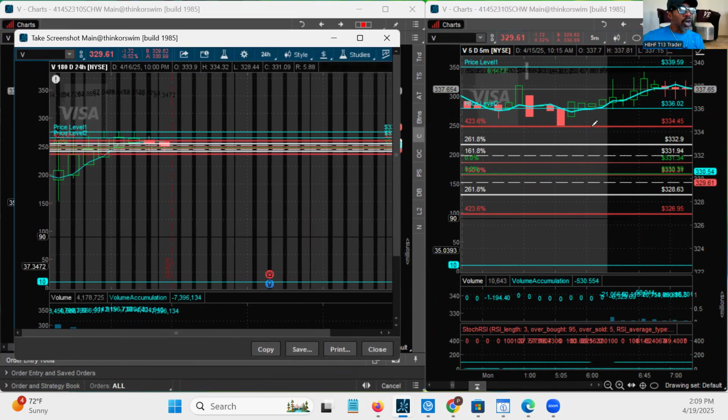It opened above 333, and then held support on 334.